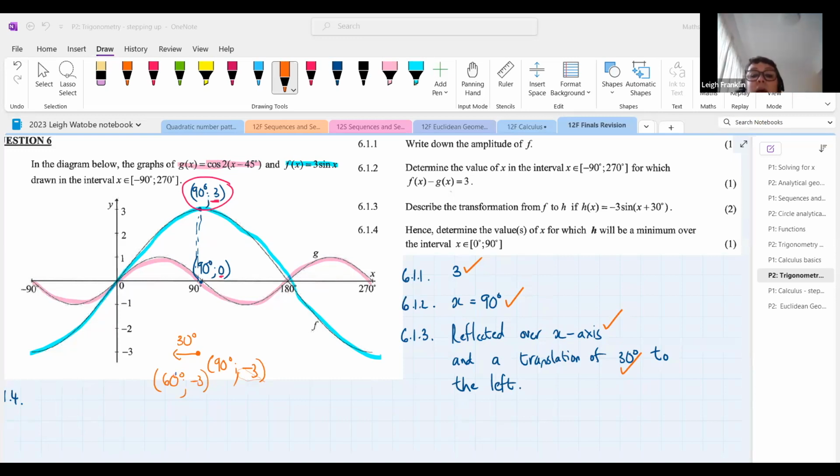Exactly. So now let's just go back and check our question. The values of x for which h will be a minimum over that interval. So where is it going to be at its minimum value? At 60 degrees, exactly.